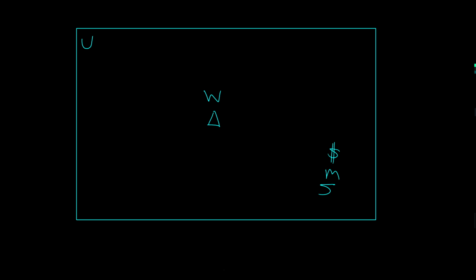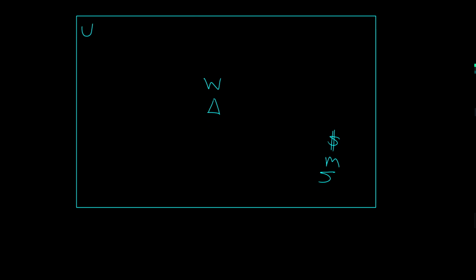And so that's my universe. And what I can do then is write this in roster notation. I'm going to say that my universe is the set of W, triangle, dollar, M, and 5.